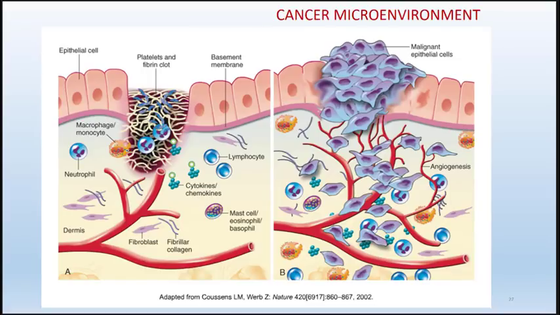In this image, you can see two different diagrams, and they're actually entirely different processes. On the left, this is showing you wound healing. So here's a wound. And on the right, it's showing you malignant angiogenesis. And here is the wound, and here is the malignant tumor.